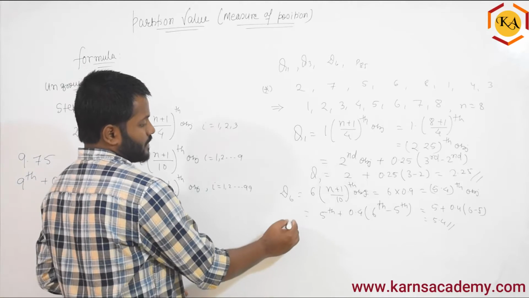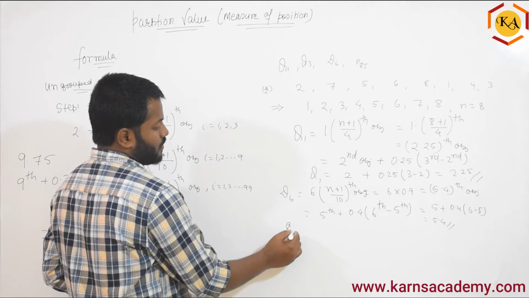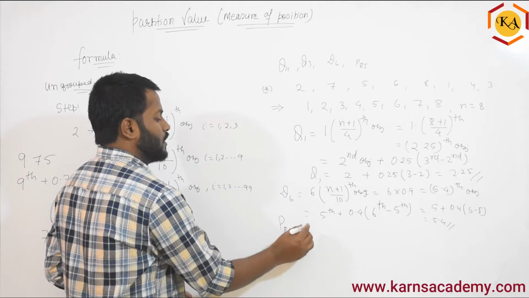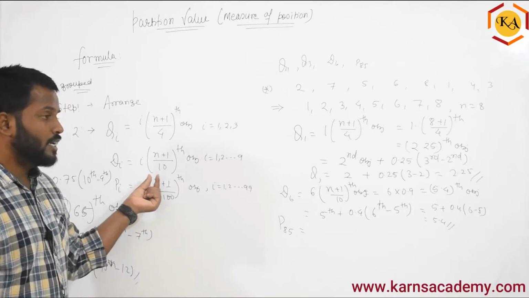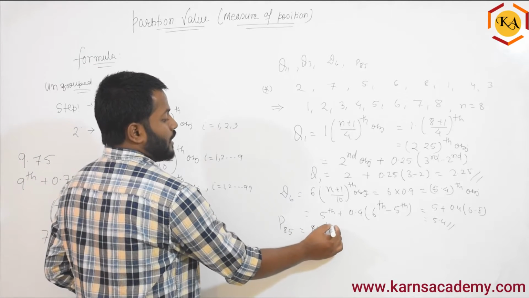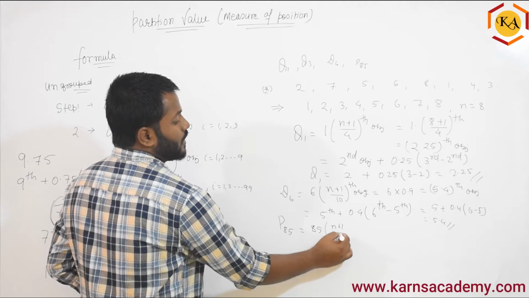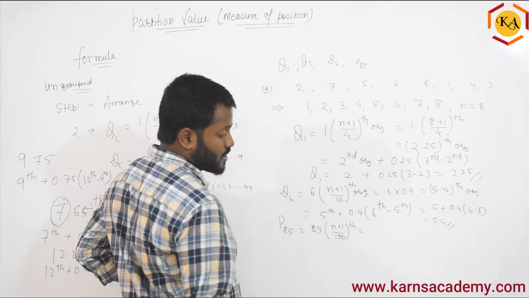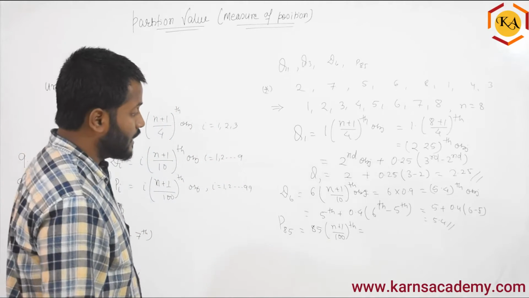Okay. Next, let's solve P85. So what will happen to P85? i into n plus 1 by 100. Of course, i is 85. n plus 1 by 100 observation. So what is the n value? 8. 8 plus 1, 9. 9 by 100.